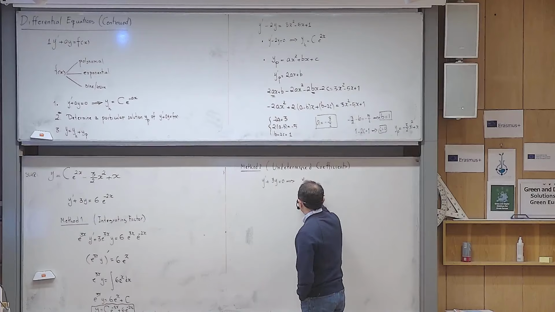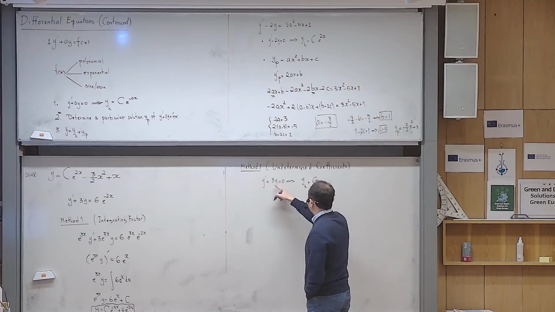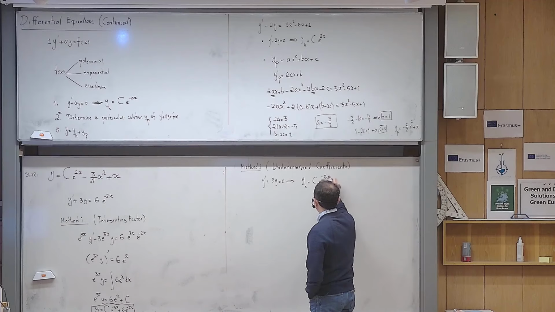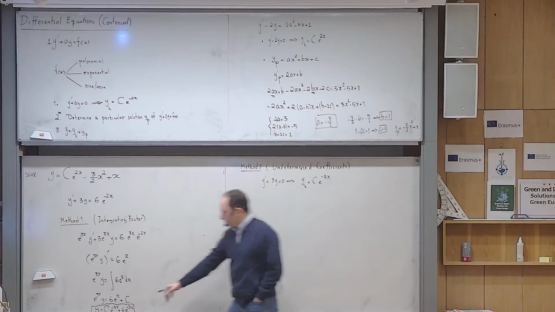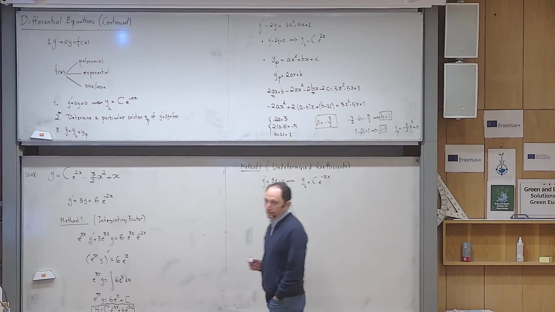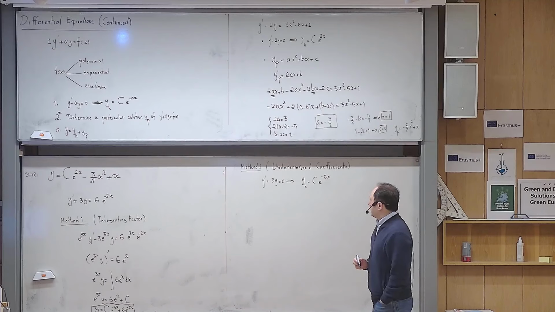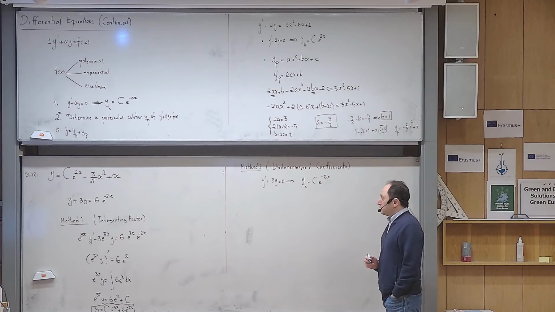So y sub h is c e to the power of minus 3x. This is the homogeneous solution, and you can see that this is revealing itself here. Okay, and now I need to find a particular solution.